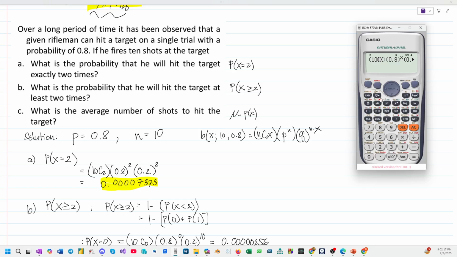Oops, mali yata ako napindot. So, then combination of 1, 0.8 raised to 1, 0.2 raised to 9, equals to 0.0000004096.